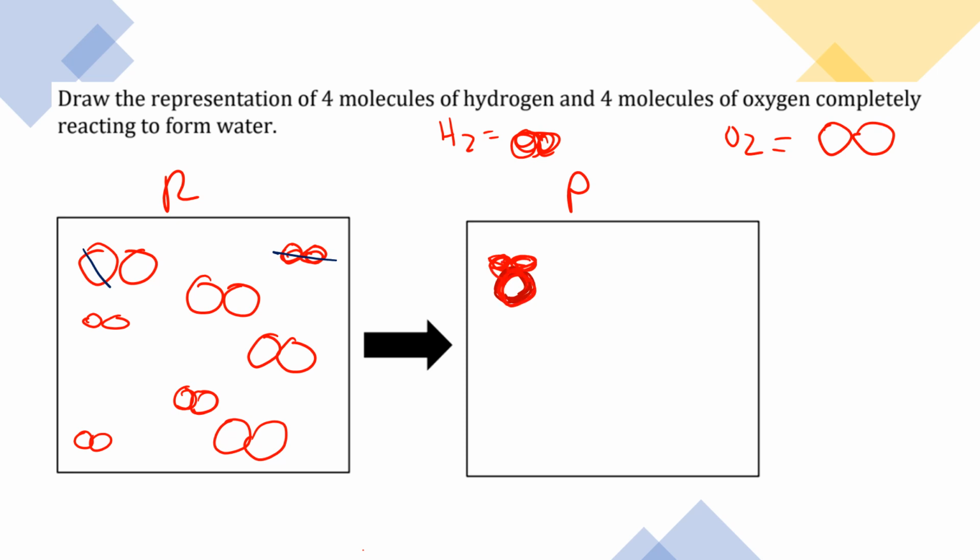So the only part that I need you to write are the products, not the crossing out. But the crossing out shows you how much of each I'm going to have left. So if this is gone, then this will be gone. If this H2 is gone, this O is gone.